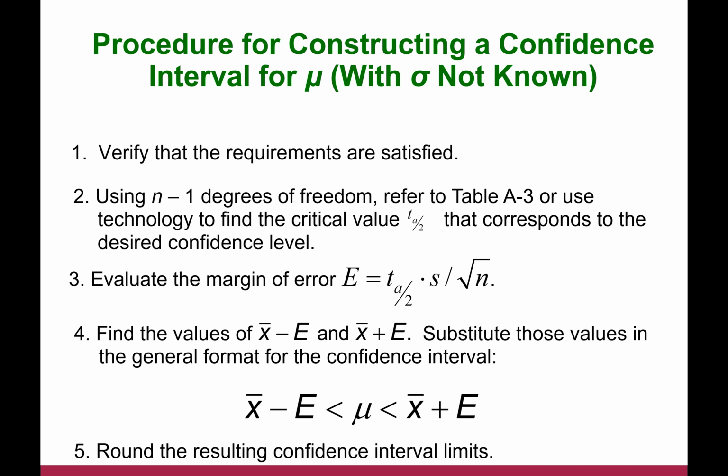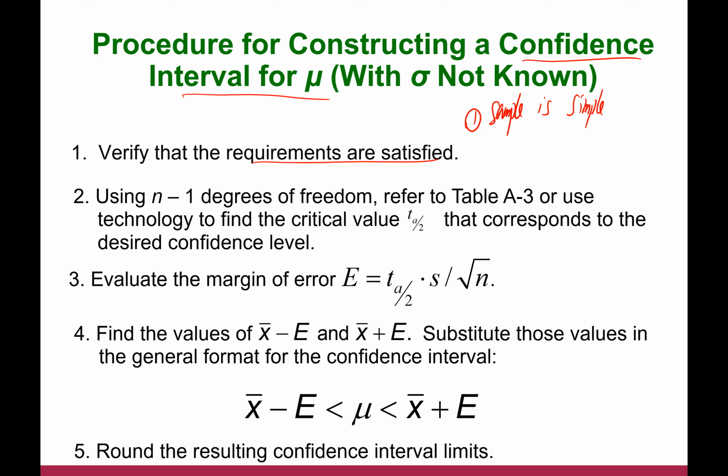Okay, so now let's look at the procedure for constructing a confidence interval for population mu when sigma is unknown. Verify that requirements are satisfied. A couple things: the sample is a simple random sample.